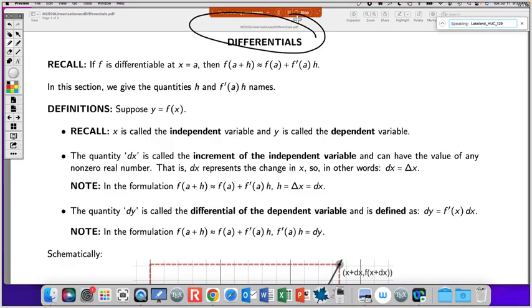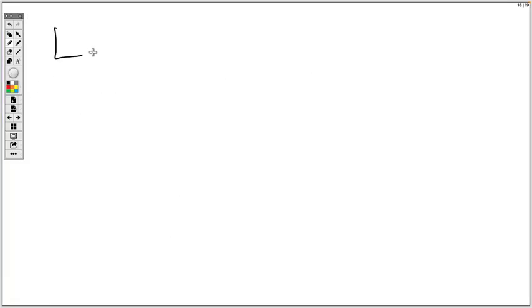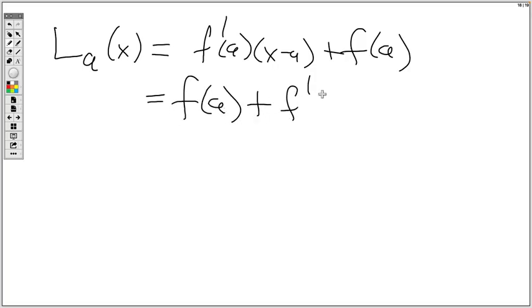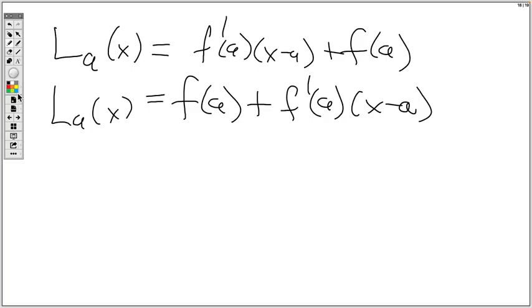All right, the second part of the section deals with differentials. And differentials is just another rebranding. So if you look at the linearization, which once again is nothing more than your tangent line, and then you just rewrite it, then another way to think about what's happening is we have a function that's differentiable. If it's differentiable, that means it's automatically continuous. You follow?